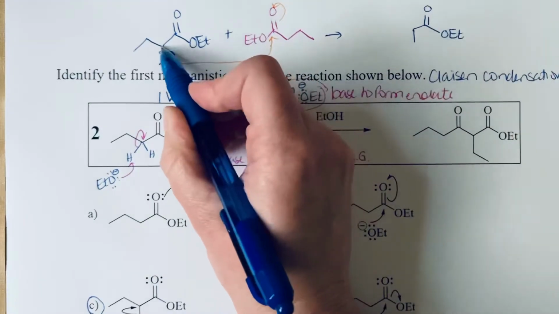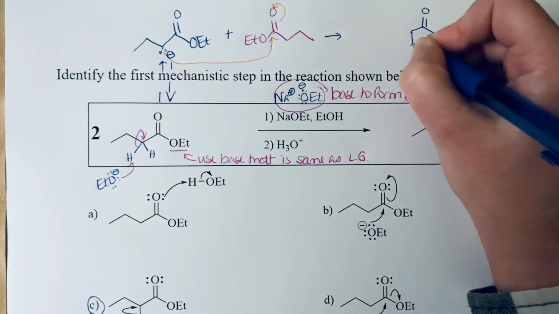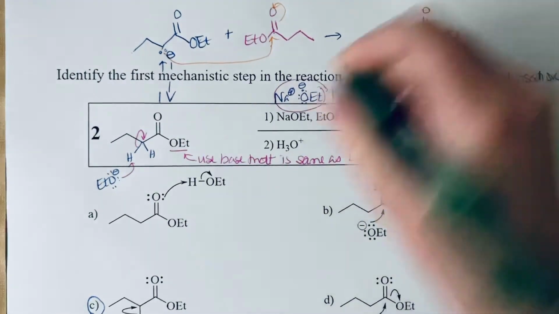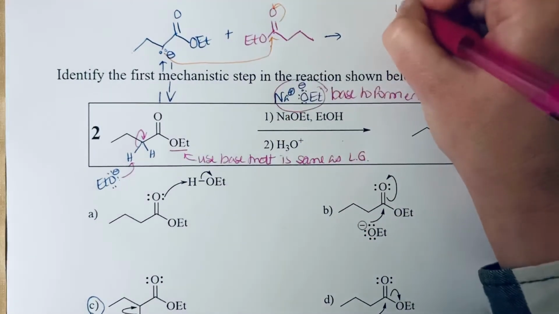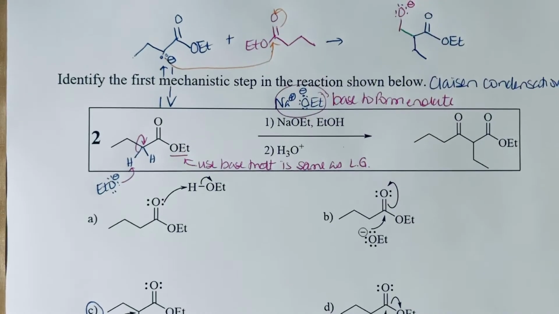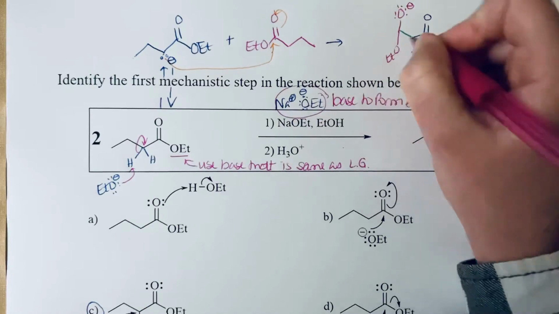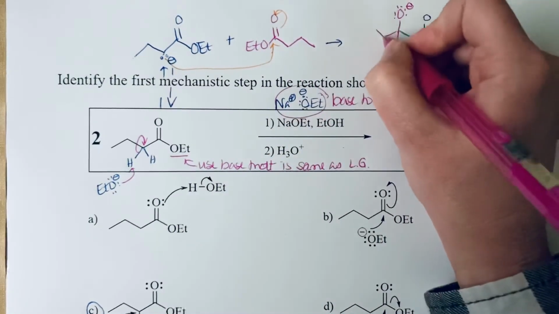So off of this alpha carbon, I have two carbon atoms. So there's 1 and 2. Let me draw in the new bond that we formed. And then here on this carbon, we have the oxygen with the negative charge. We have a leaving group, which is the ethoxide. And then we have the 3 carbon atoms of the chain.